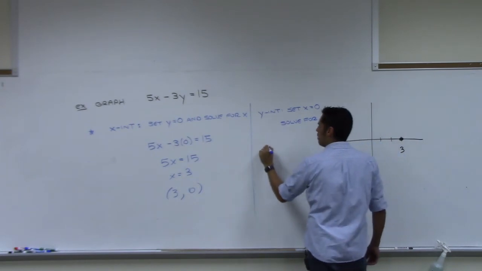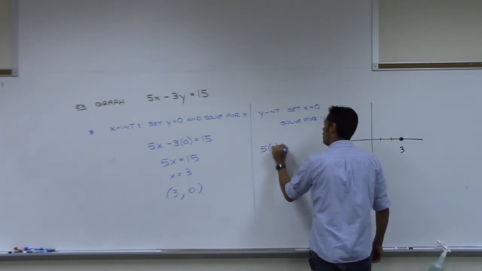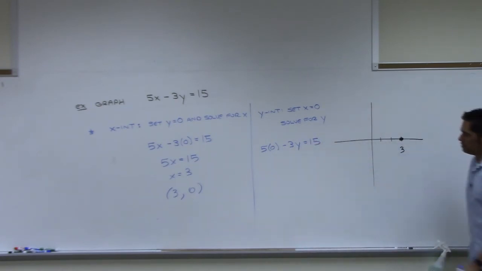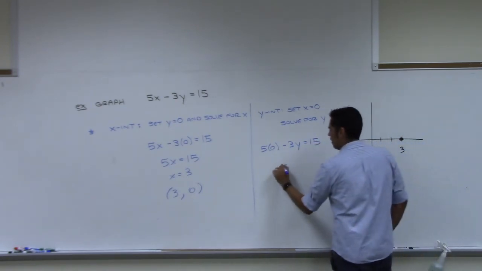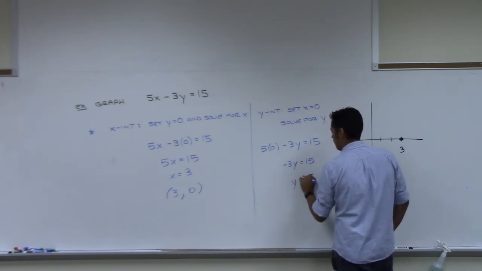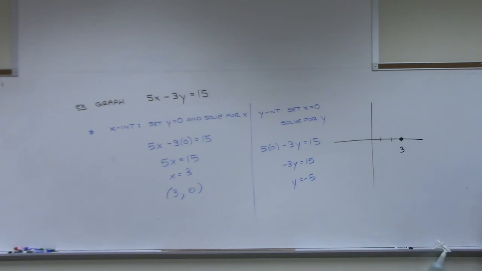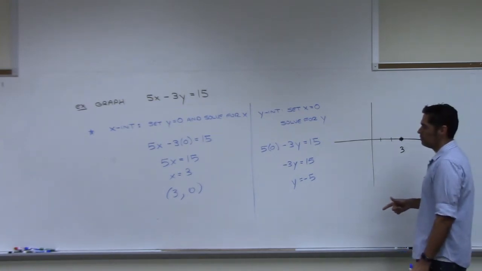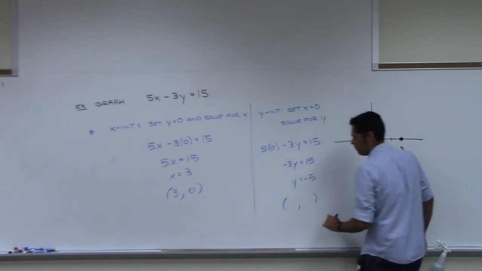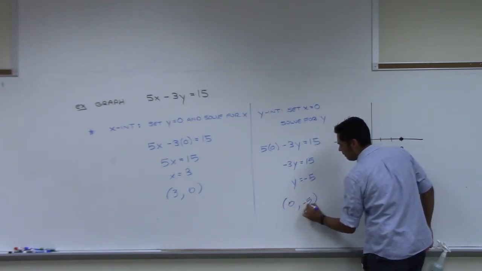So if I rewrite that equation, 5 times 0 minus 3y equals 15, then you get negative 3y is 15. So y is negative 5. Are you comfortable with that? Any issues there? So what is this as an ordered pair? 0, negative 5.